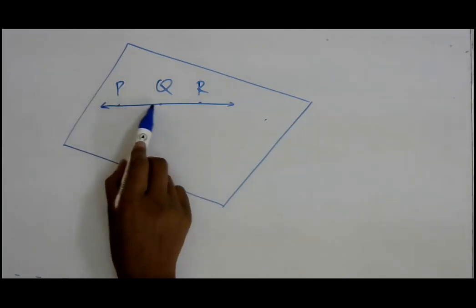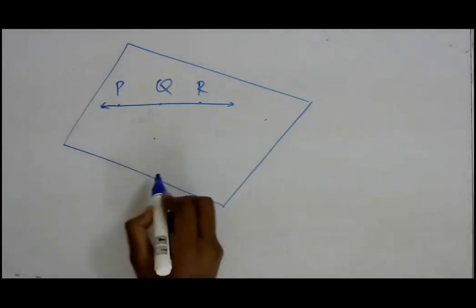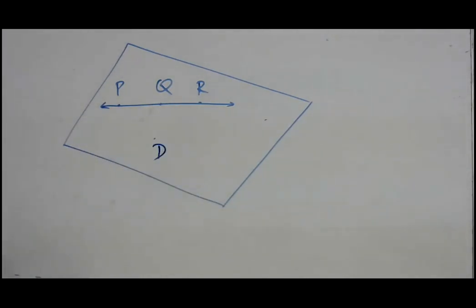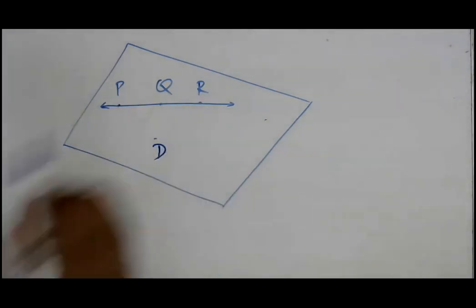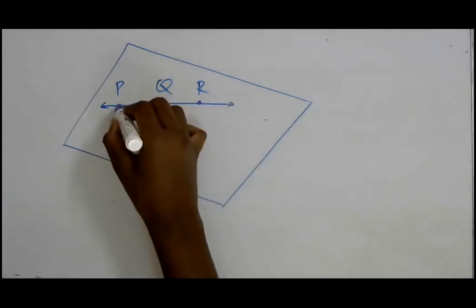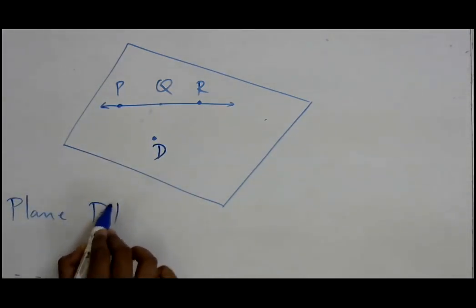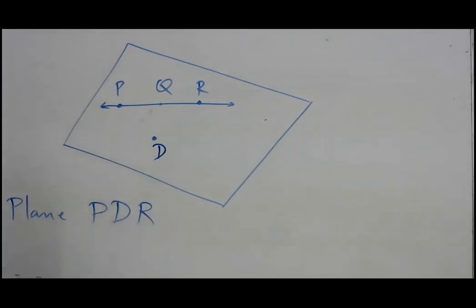We know that any 3 points lying on the same line are called collinear. We should make sure we take a point which is not collinear. Now if we take some other point D, then P, D and R are non-collinear, so I could call this plane PDR. I can represent this plane, whatever I have drawn here, with just these 3 points PDR.